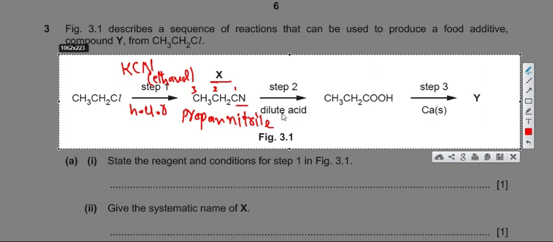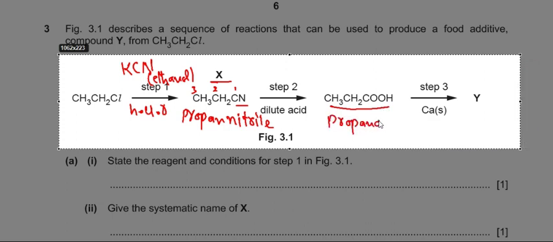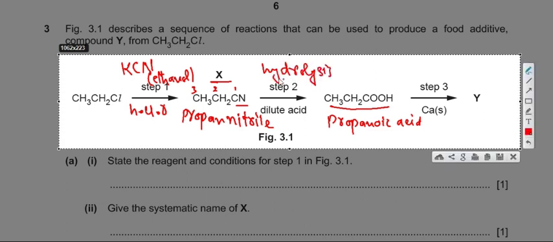Then the next step is that the propane nitrile is converted into propanoic acid. This is propanoic acid. So how is any alkane nitrile converted into propanoic acid? By the addition of acid. This is hydrolysis, and as this is happening in the presence of acid, I can say this is acid hydrolysis.